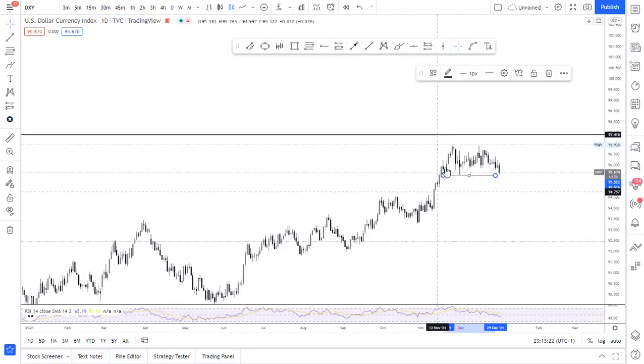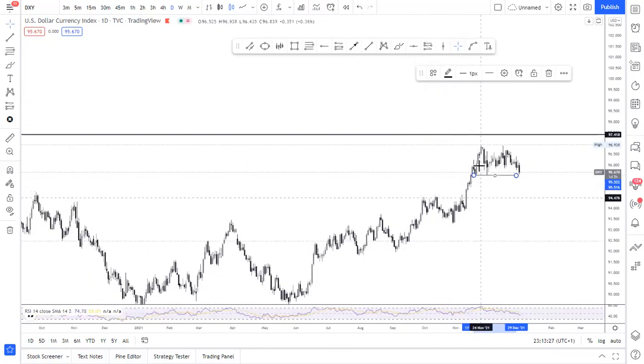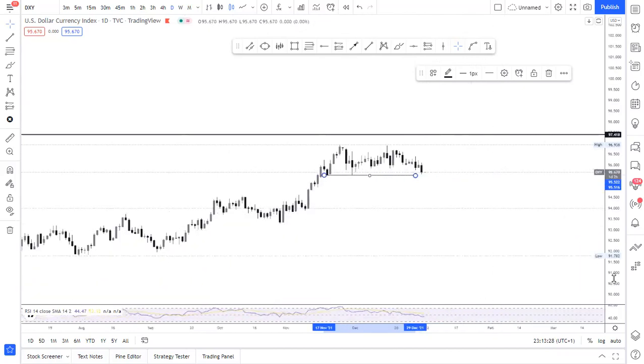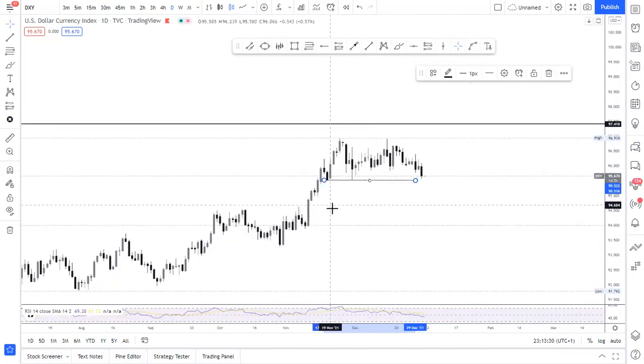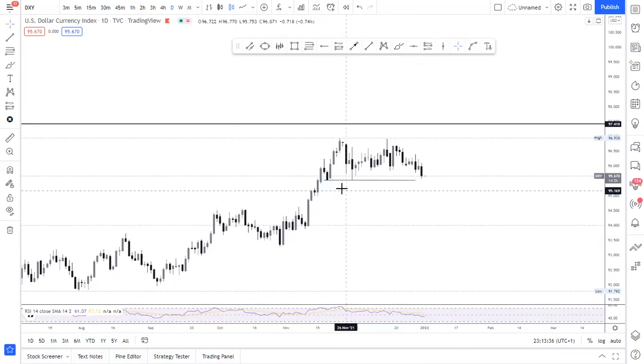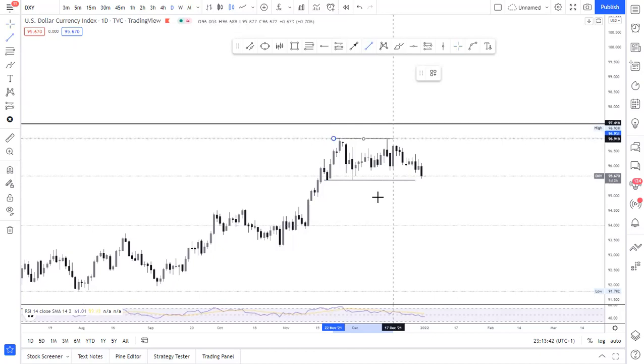Price made this move, and we had this new range, and now price is consolidating. Right here we are on the daily time frame, and price is consolidating, creating this high right here.